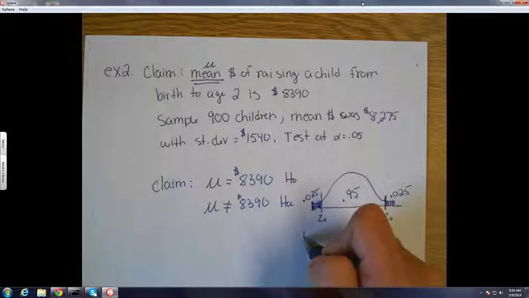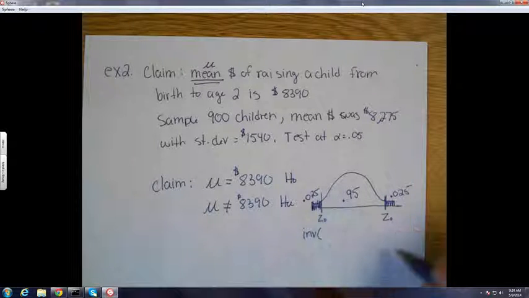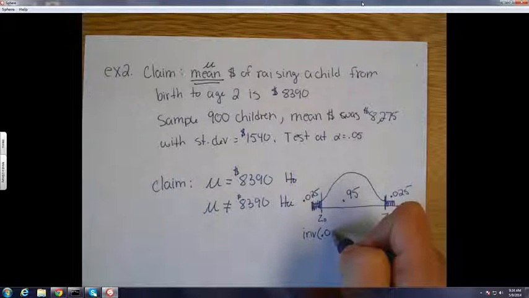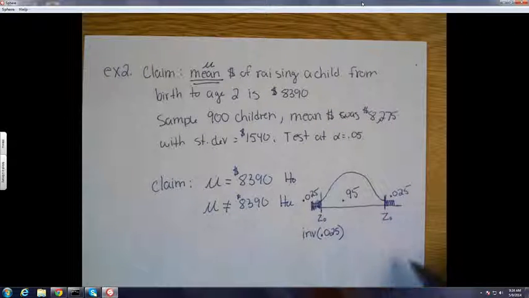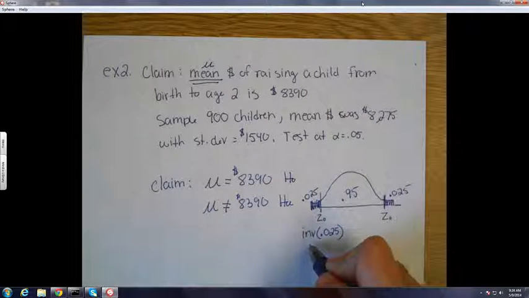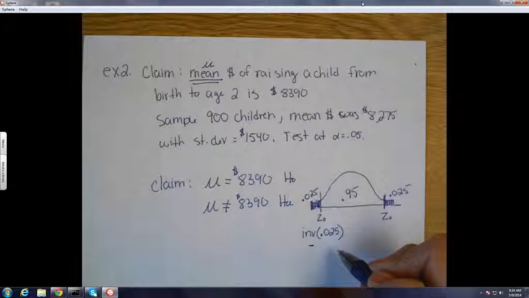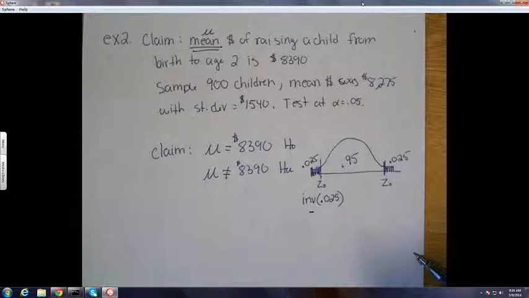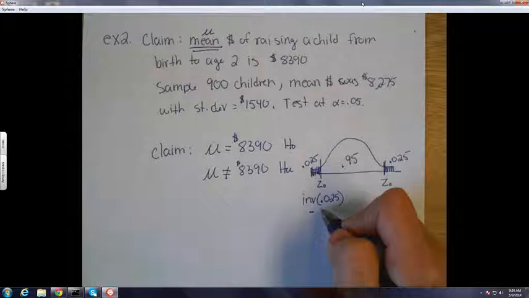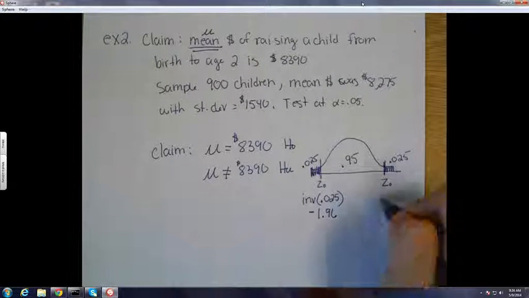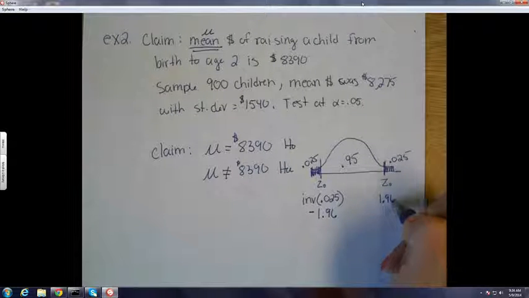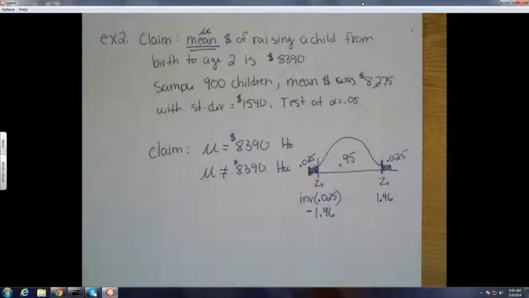What do you do the inverse norm of to get it? 0.025. What's this negative z-score? Negative 1.96, so the other one's positive 1.96. Any questions so far? Tell me the next step.